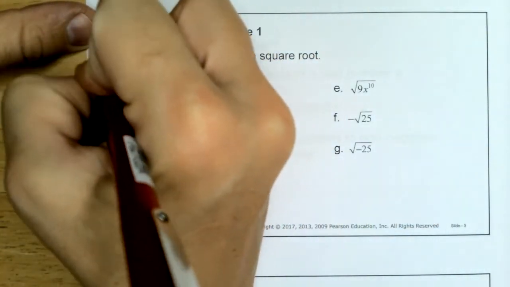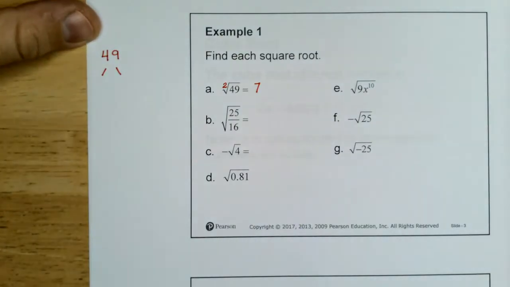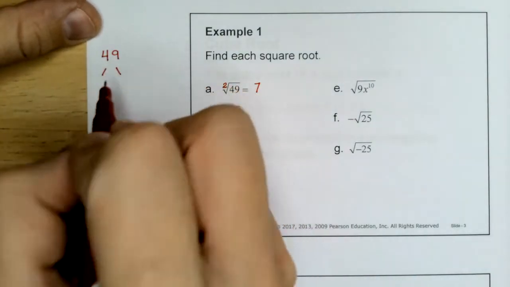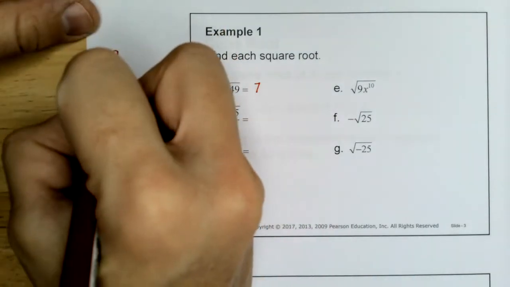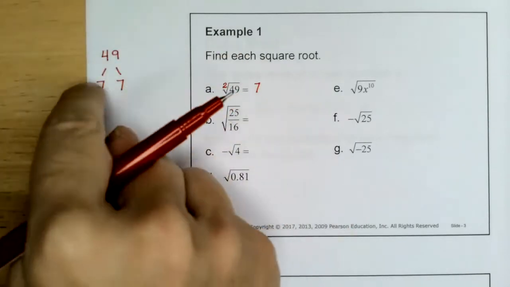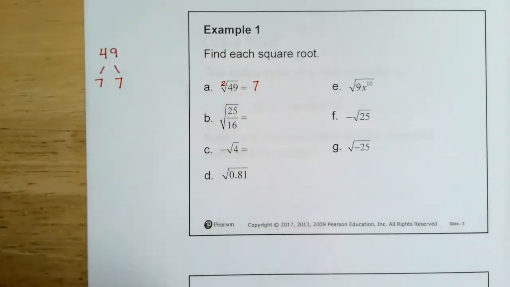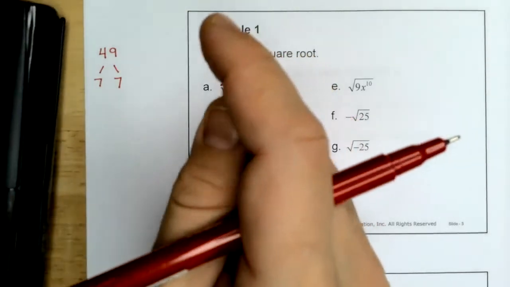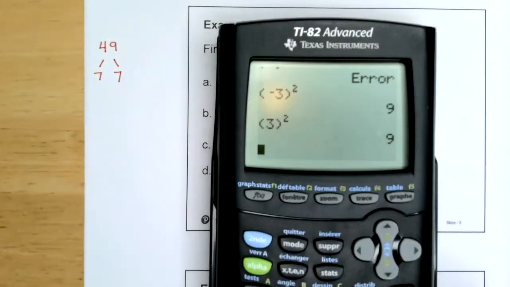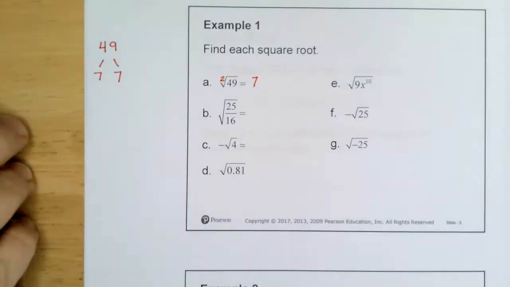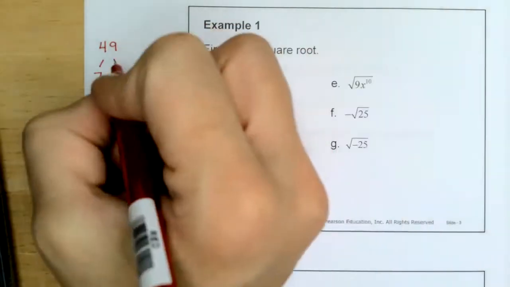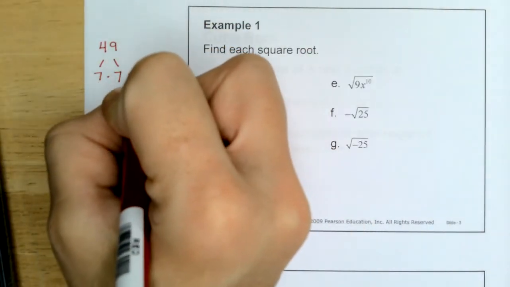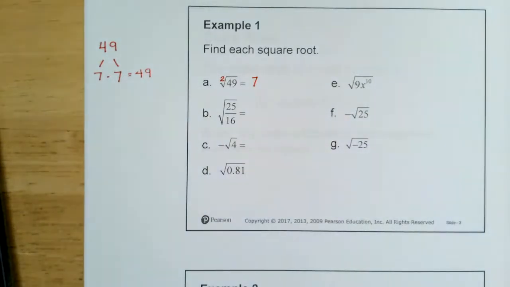But to solve some of these, it helps me to visualize it. So two factors of 49 are 7 and 7. That means when I go across this row of the factor tree and multiply, 7 times 7 is 49, or 7 squared is 49, okay? All right.